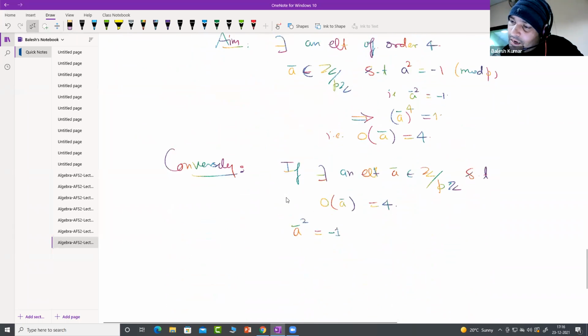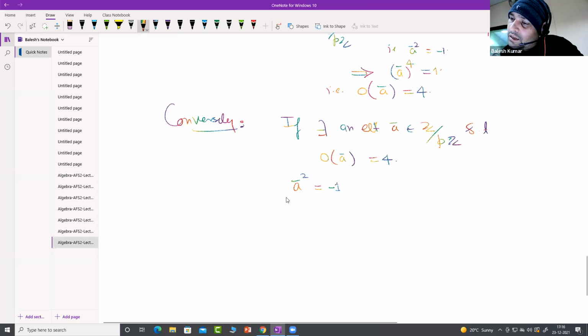And so if you take the square of this element which has order 4, it has to be equal to minus 1, so that a to the power 4 will give 1. And so a square is congruent to minus 1 mod p has a solution. And so this proves the first part.